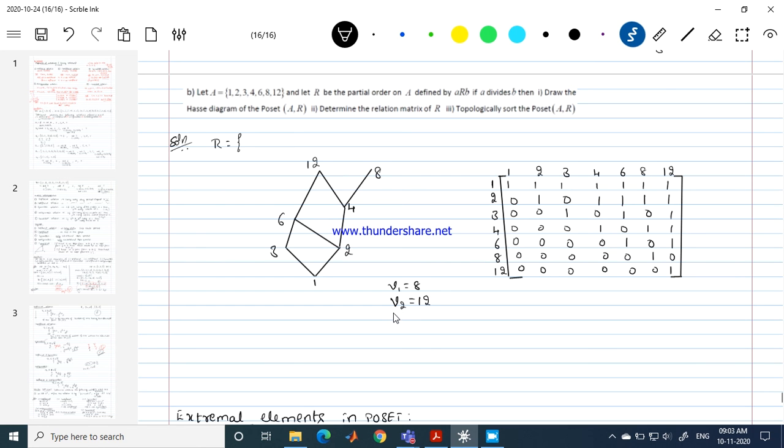Next, for V3 we had two options, 4 and 6. You are choosing 4, that's good. V4, 6, okay, that's good. V5, okay, good. V6 is 2, V7 is 1, that's good.